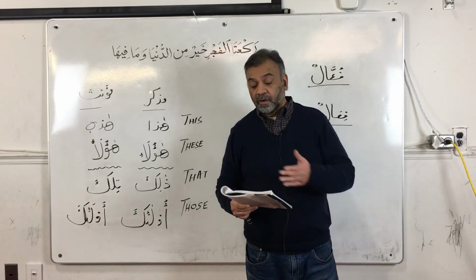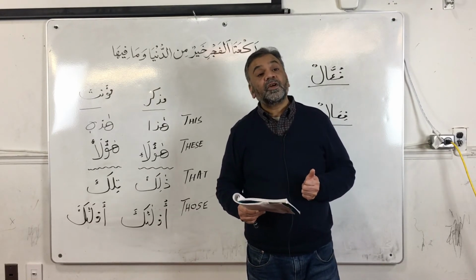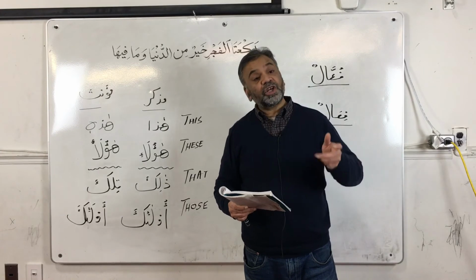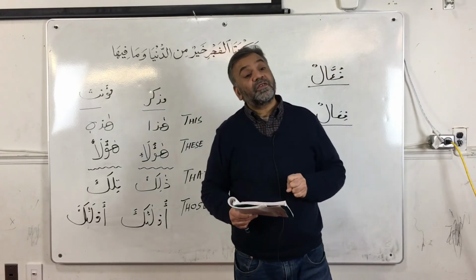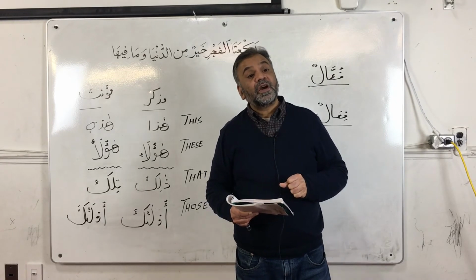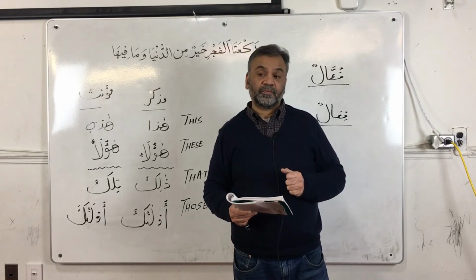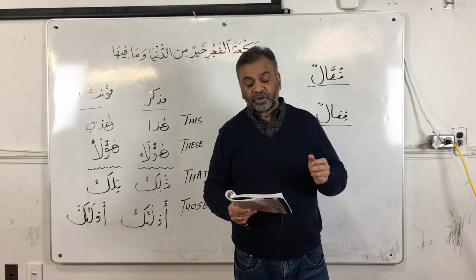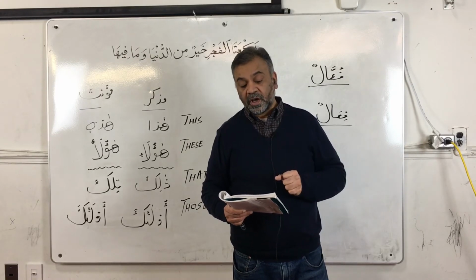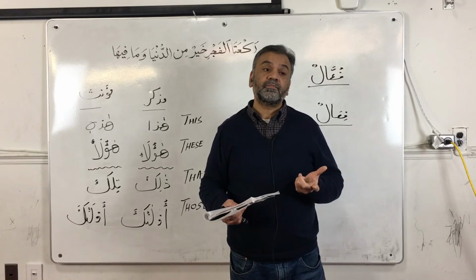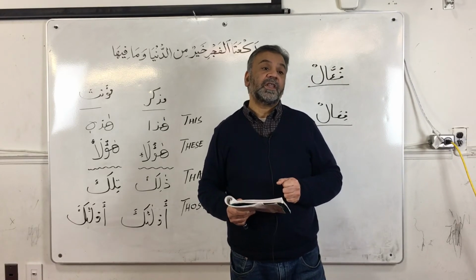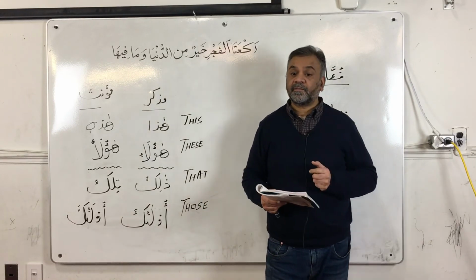So, tajirun will become tujjaru, aina tujjaru, and al kabiru, which is the adjective, will change into al kibaru. Aina tujjarul kibaru, and huwa will change into hum. Fissuki, they are in the market.